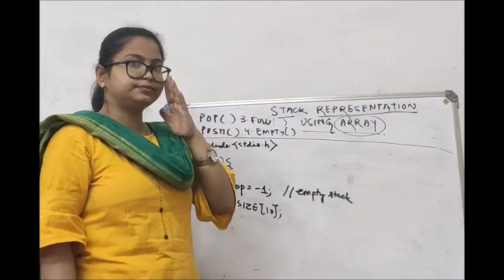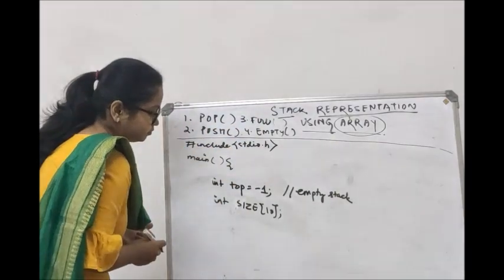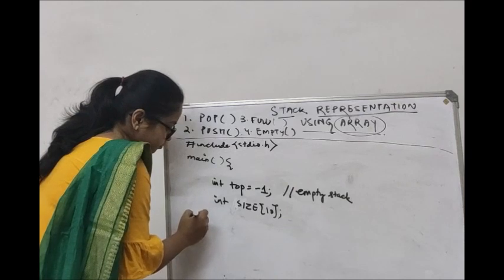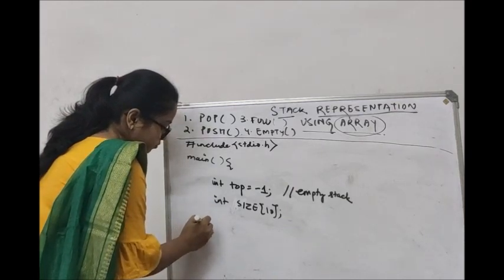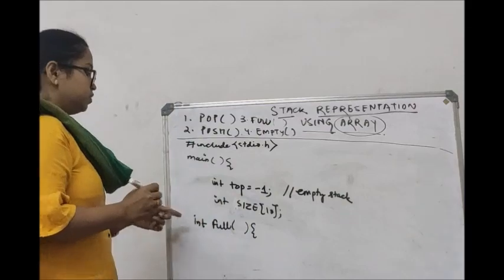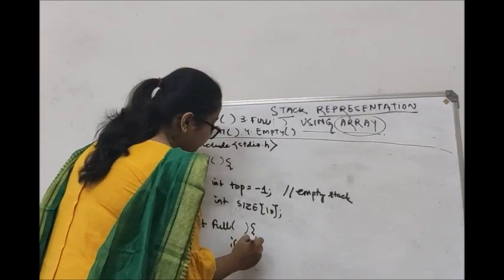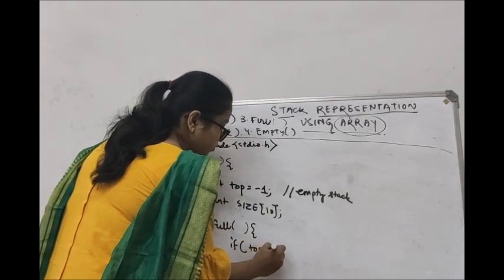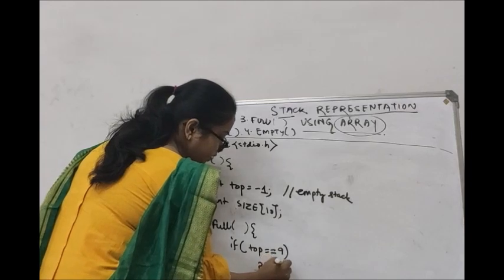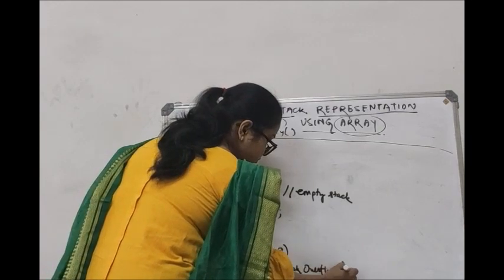If top is equal to 9, we print stack overflow. Are you getting it?